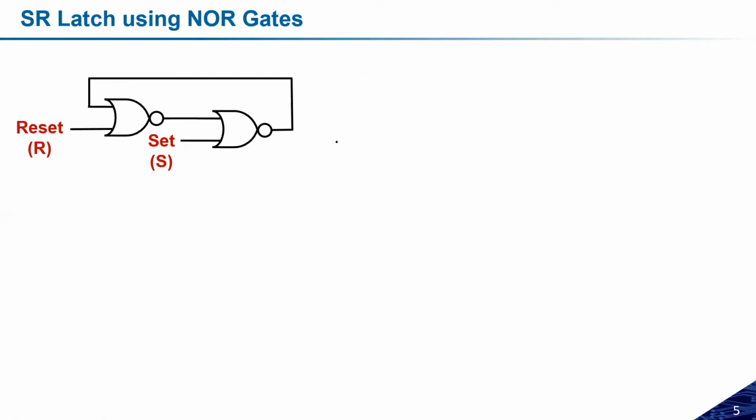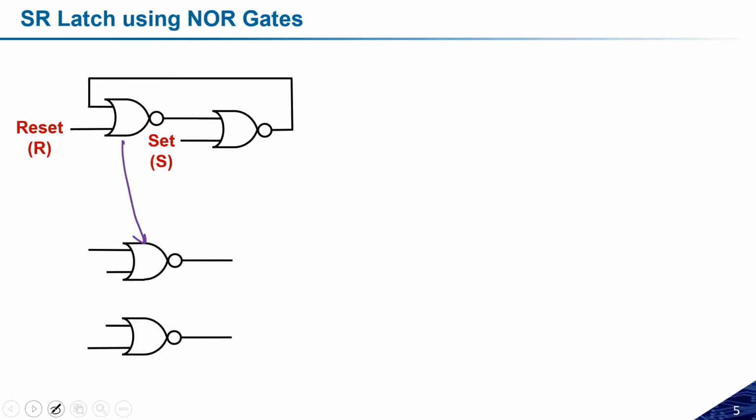If we try to rephrase this structure, let us see how it will look. Simply I have one NOR gate, which is this one. The output of the first NOR gate is connected to one of the inputs of the second NOR gate. I have a second NOR gate as well, and the output of the second NOR gate is connected to the second input of the first NOR gate.